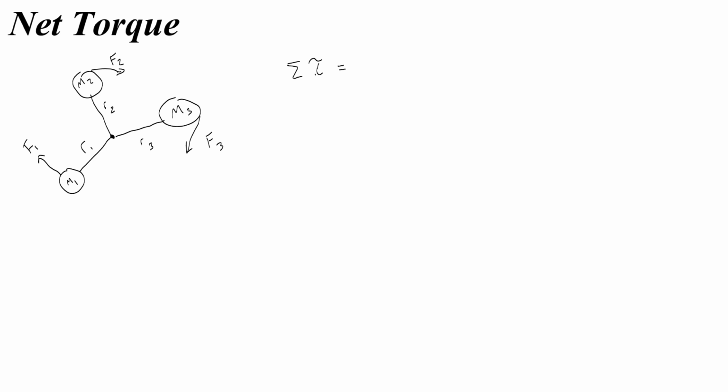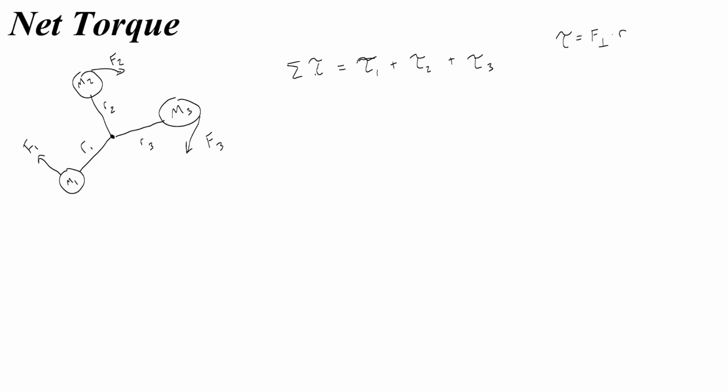The idea is simply that each of these forces, F1, F2, F3, at each of these radii, R1, R2, R3, are going to produce their own separate torques, which we can call tau 1, tau 2, and tau 3. Easy. Remember that torque is defined as the component of force that is perpendicular to the radius times the radius.